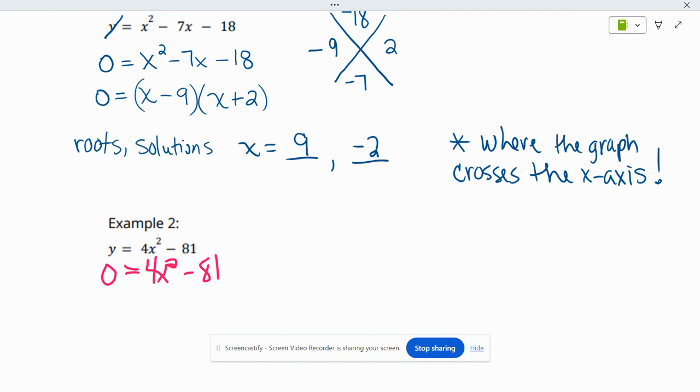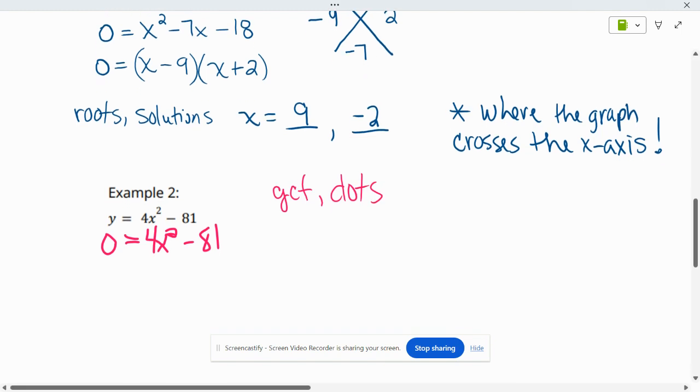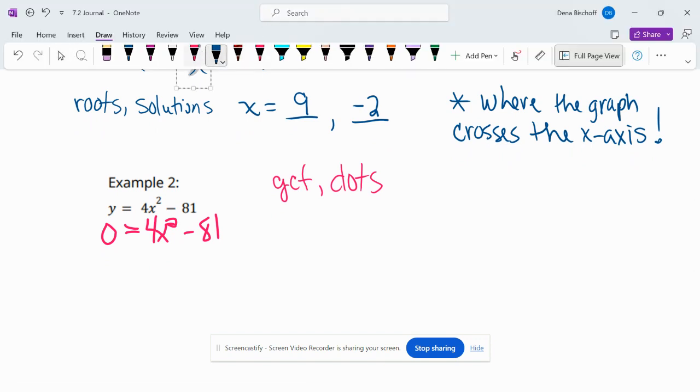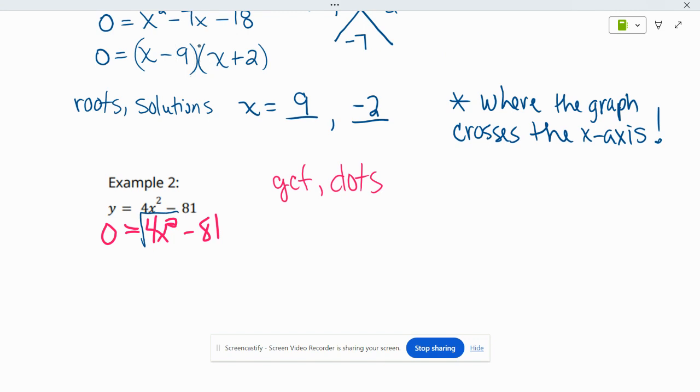So when I have two terms, that means I have to use what? Looking for a GCF or difference of two squares. Is there a GCF? No, it's not a GCF. There's difference of two squares there though, right? Those are perfect squares. What is the square root of 4x squared? It's 2x.